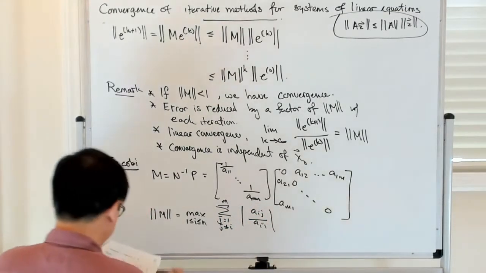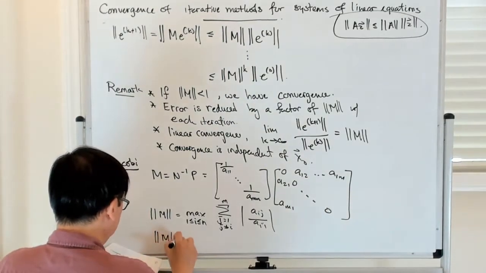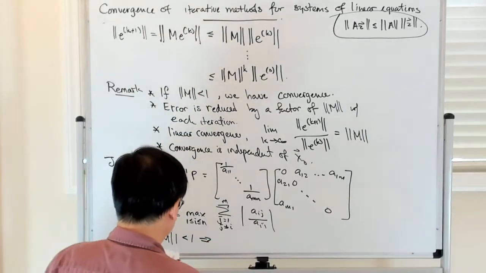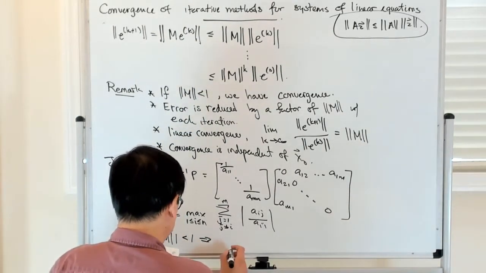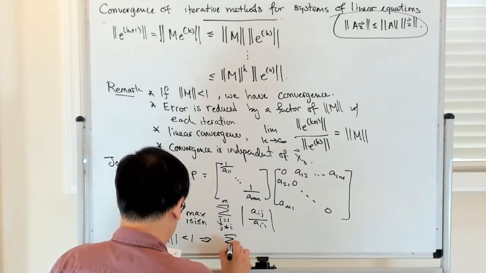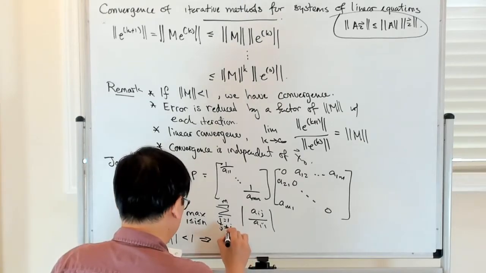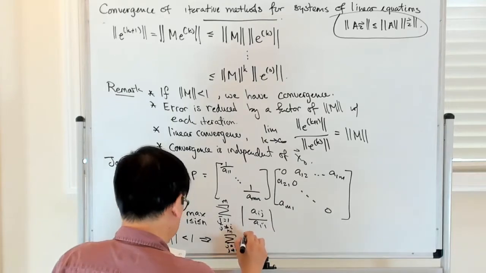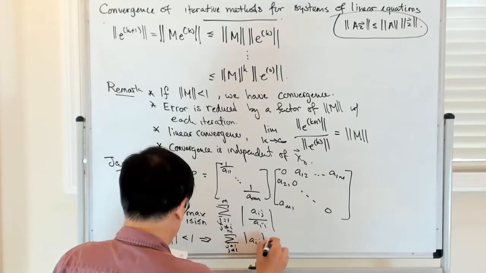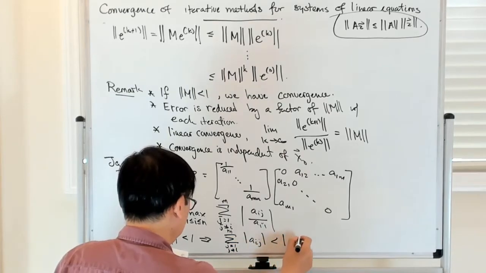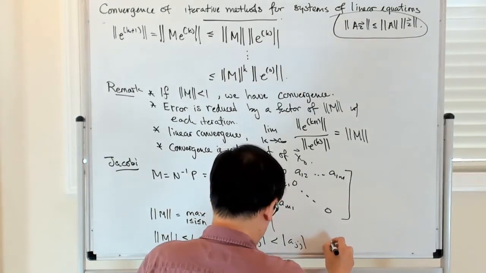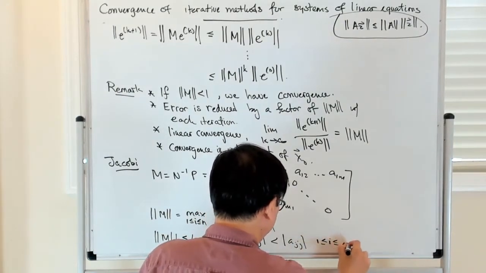So if we want the norm of this to be less than 1, this implies that the sum from j equals 1 to m, for j not equal to i, of |aij| is less than |aii|, for all i between 1 and m.